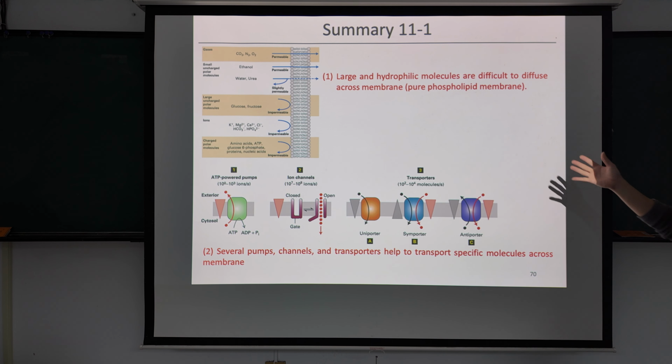Several proteins can help transport specific molecules into or out of the cell to generate a specific environment to run physiological reactions. So ATP-powered pumps, ion channels, and transporters, we will introduce them one by one in the following sections. Any questions so far? No?